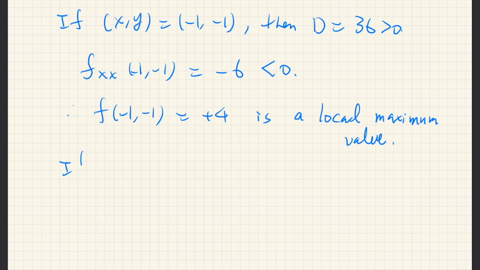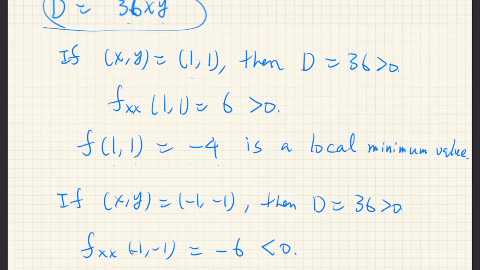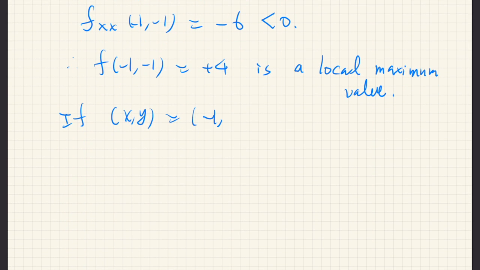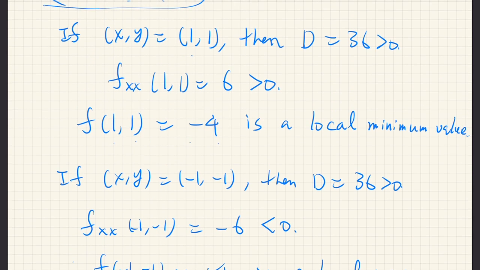Okay, next, if (x, y) is negative 1 and positive 1, then the determinant is negative 36, which is negative, of course.